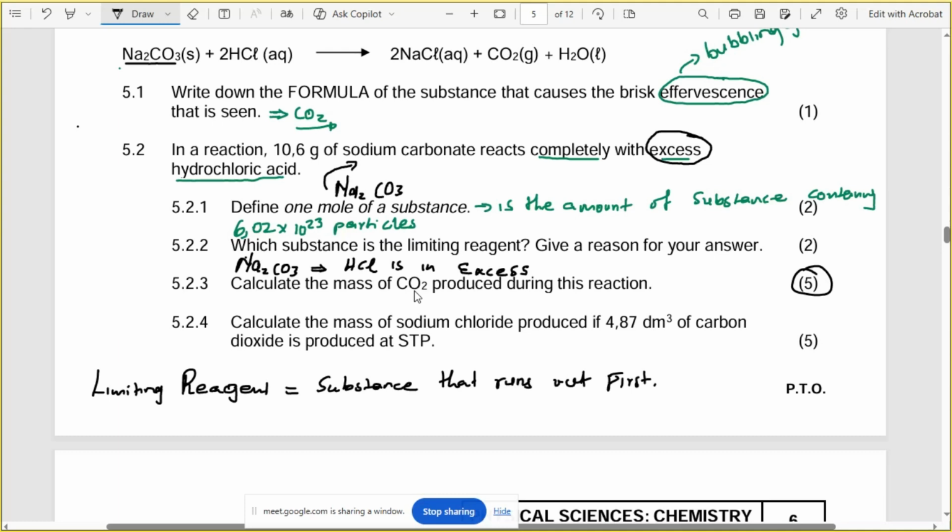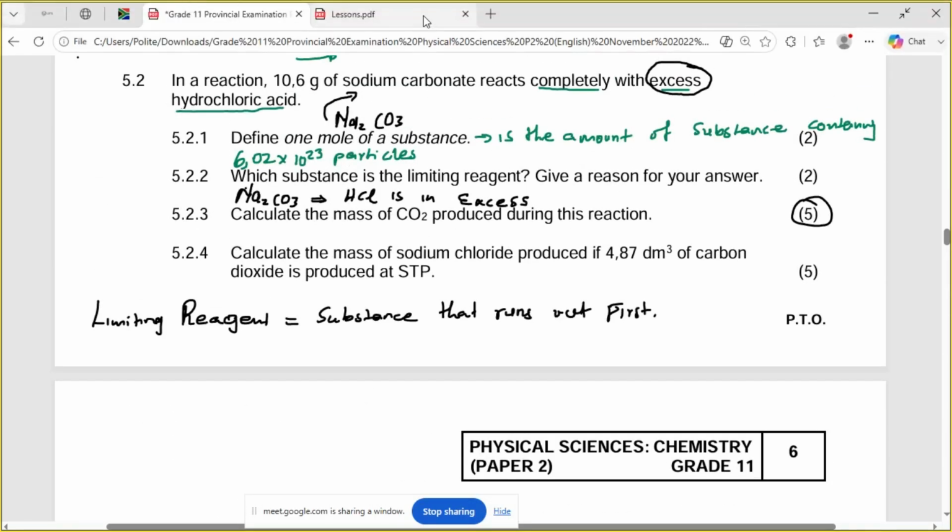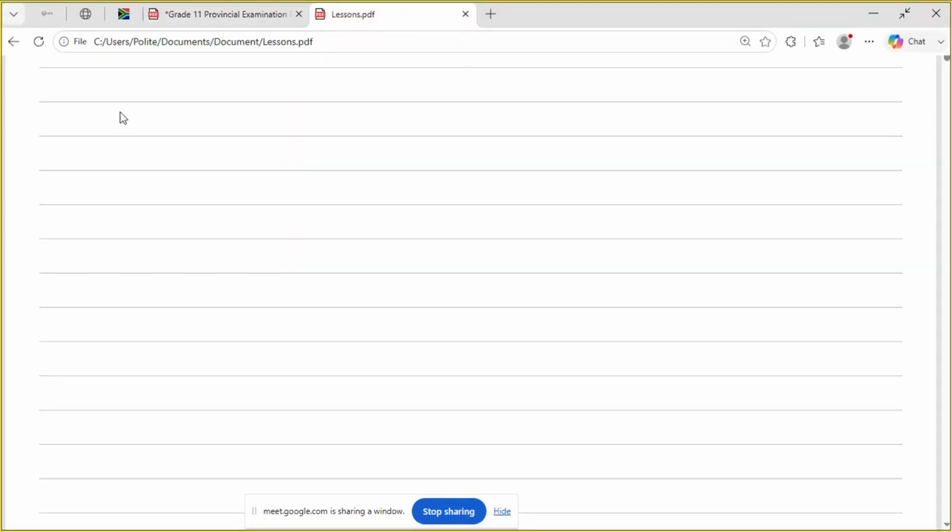It's very important that you understand all the calculations that I will do. First, they want the mass of CO2 produced in this reaction, and I'm going to work this out on this side.